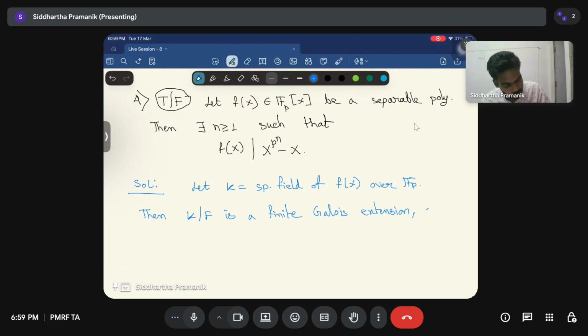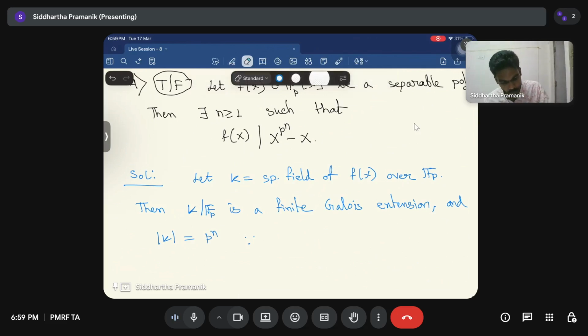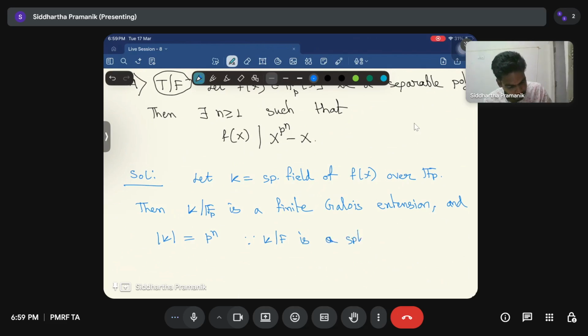And not only that, since Fp is a finite field, K is a finite field, because it is a splitting field, so K over Fp is a finite extension.